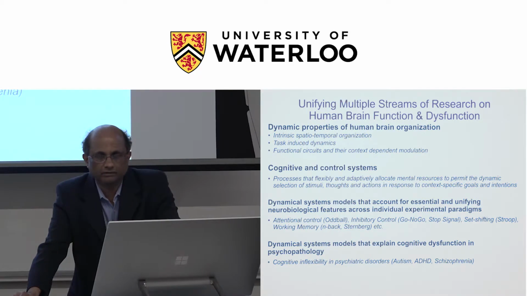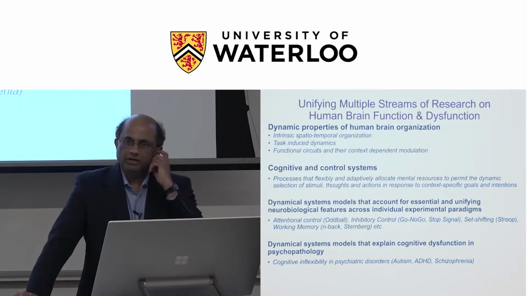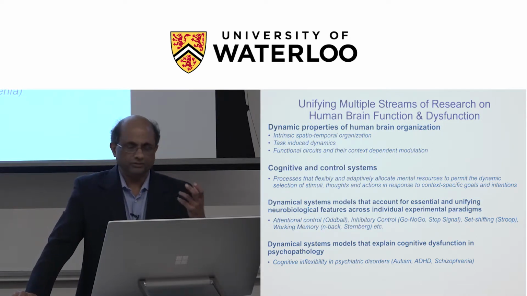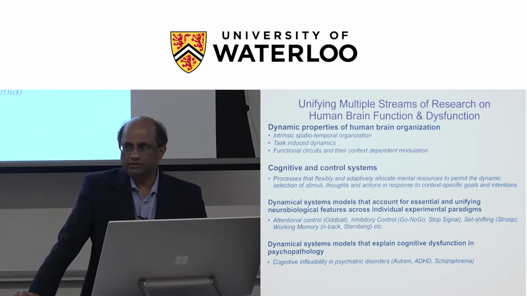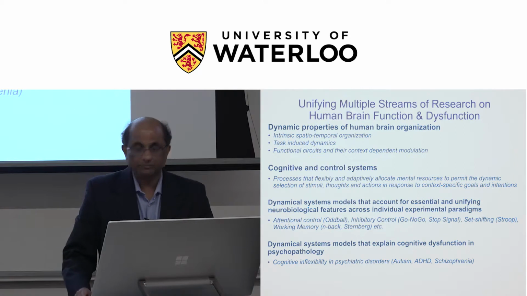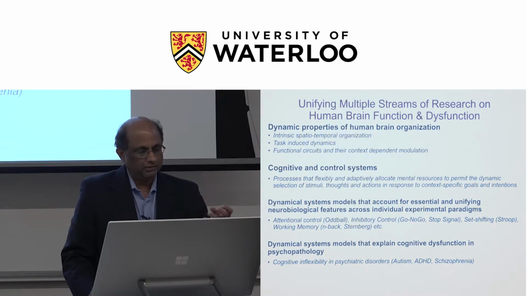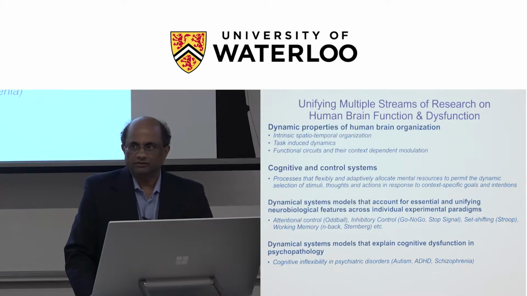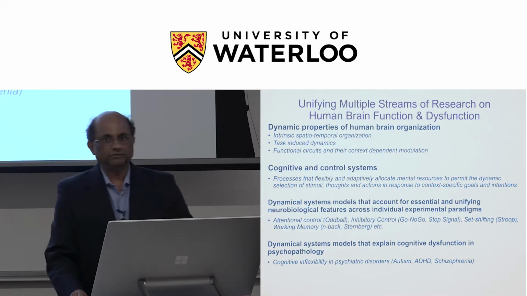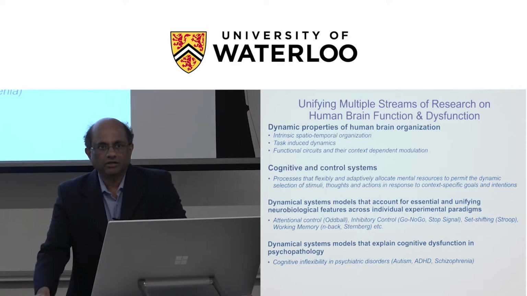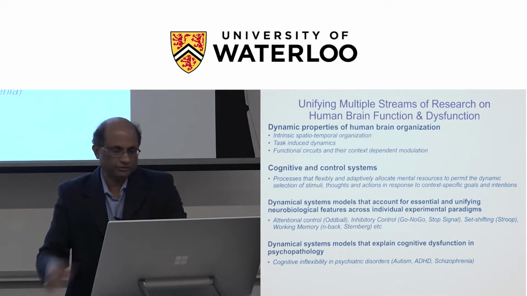And so this provides an inroad into thinking about both cognitive function and dysfunction with a common underlying framework. If we can understand the functional organization that underlies cognitive control in these kinds of tasks, and we can show that there are deficits in the functional organization of these systems, then we have a common underlying model for thinking about cognitive function and dysfunction.